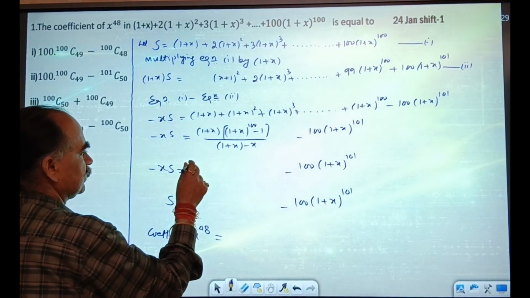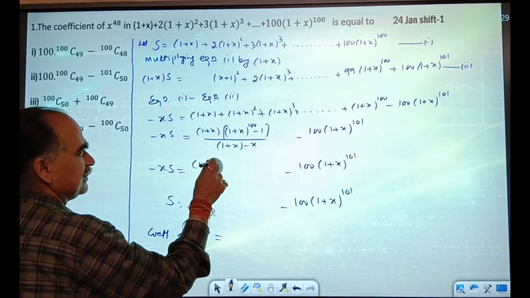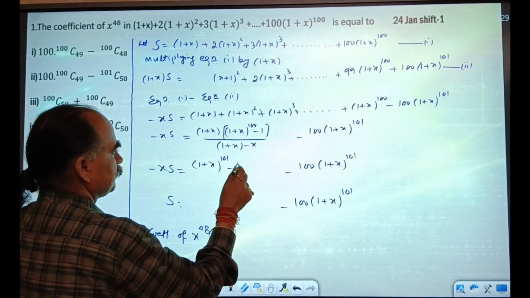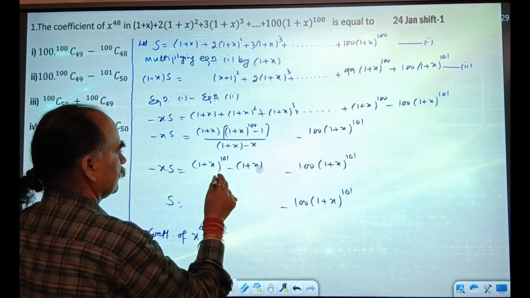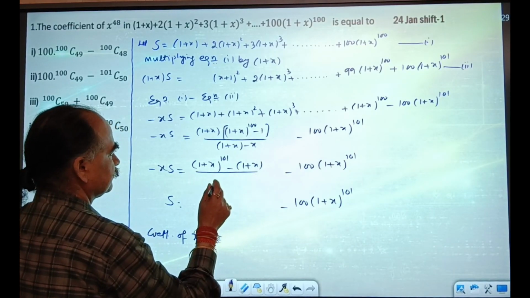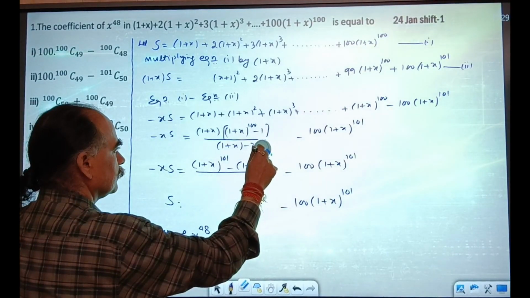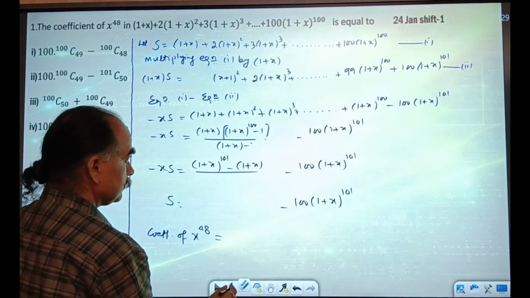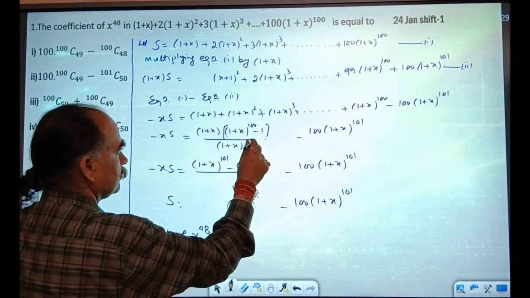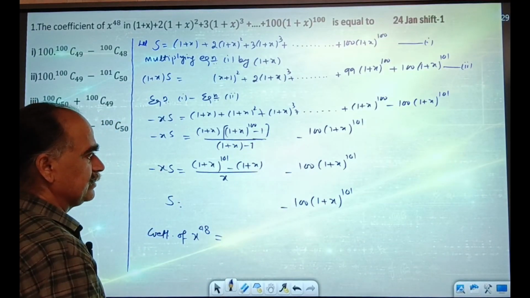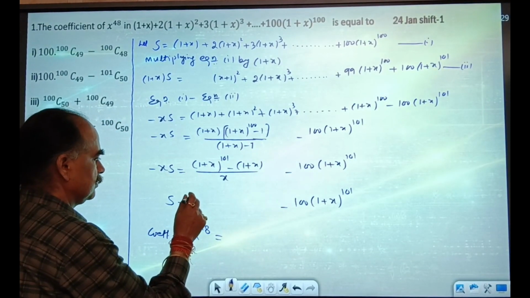Now multiply this, you will get 1 plus x raised to 101 minus 1 plus x upon x. Minus x divide will give you what?